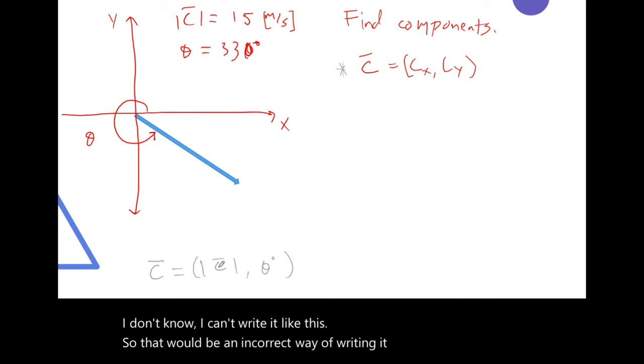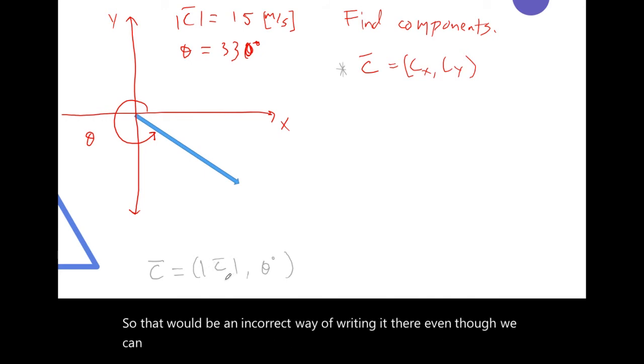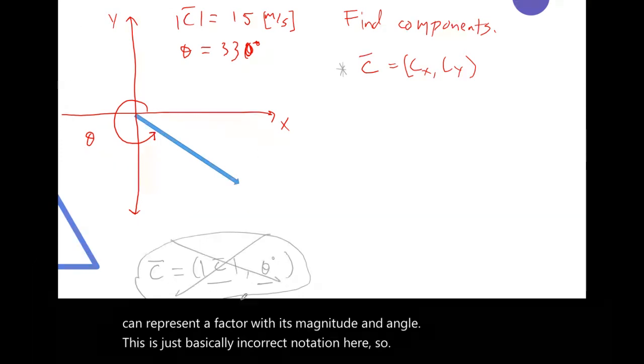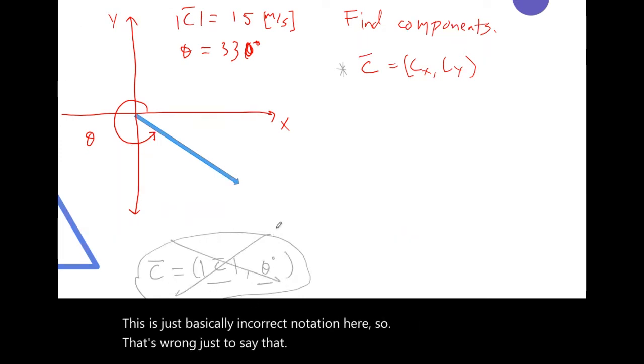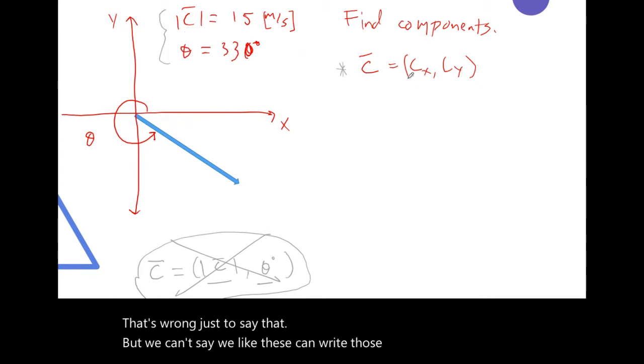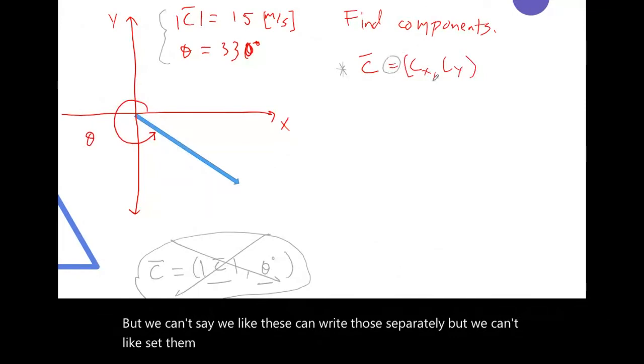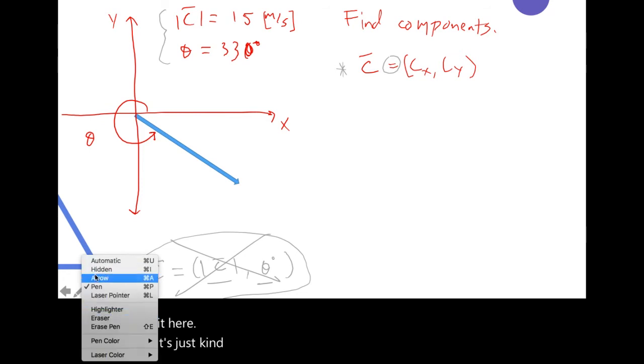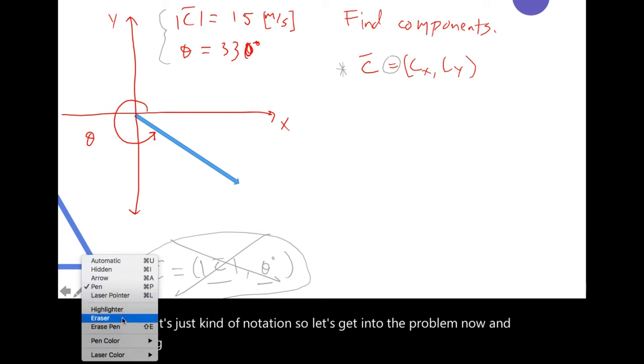Even though we can represent a vector with its magnitude and angle, this is just incorrect notation. We can write those separately, but we can't set them equal like we write it here. So that's just notation. So let's get into the problem now and finding these components.